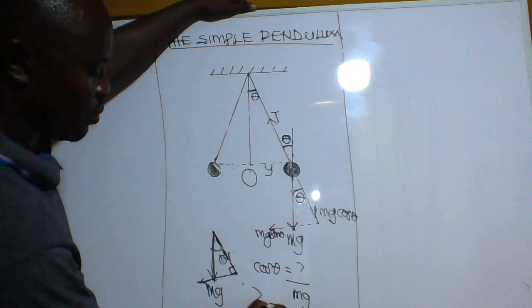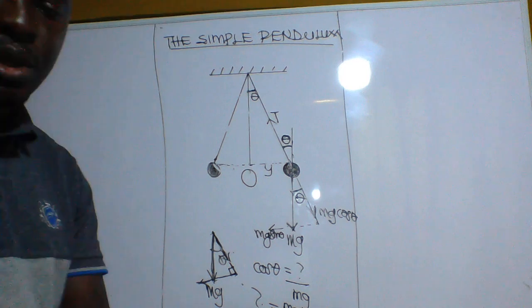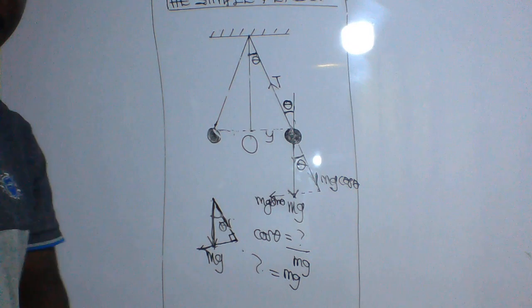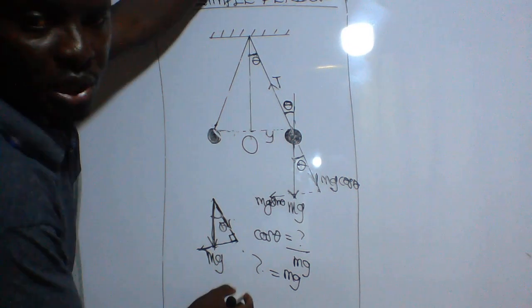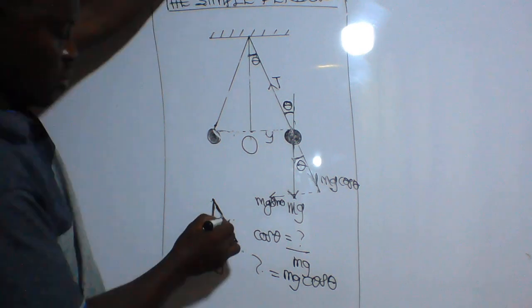Therefore, the unknown component is mg cos theta, and that unknown component is this.